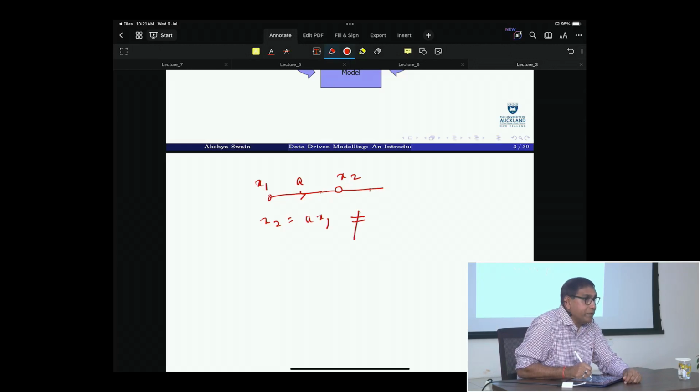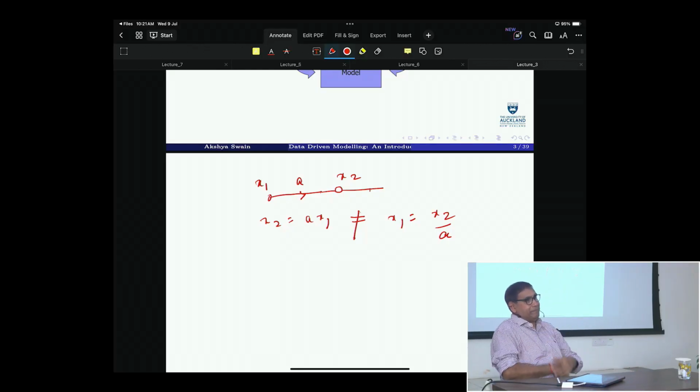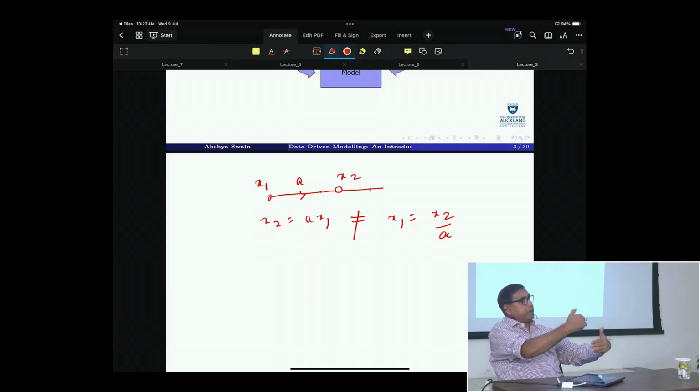This does not mean x1 is equal to x2 by A, because signal flow algebra is different. Here it does not permit the signal to transmit in the other direction.